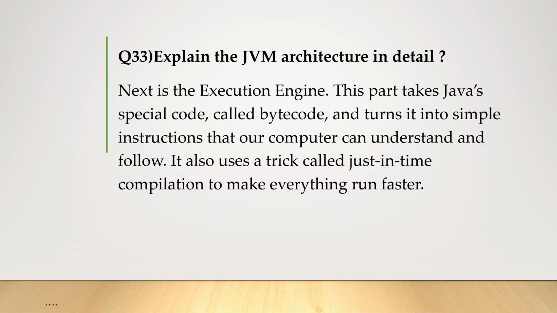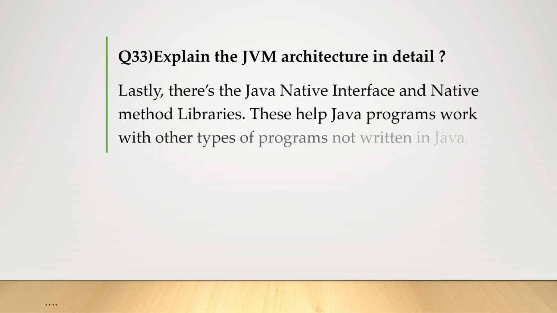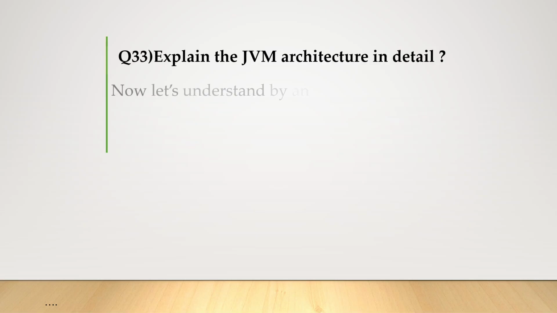This part takes the Java special code called bytecode and turns it into simple instructions that our computer can understand and follow. It also uses a trick called just-in-time compilation to make everything run faster. Lastly, there are the Java Native Interface and native method libraries. These help Java programs work with other types of programs not written in Java, allowing flexibility.